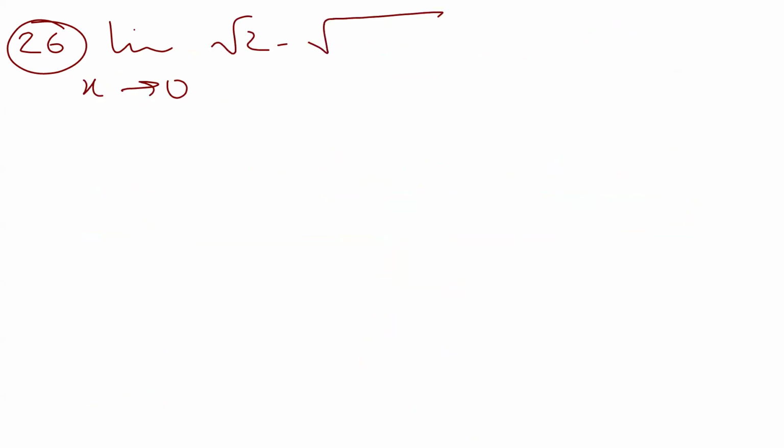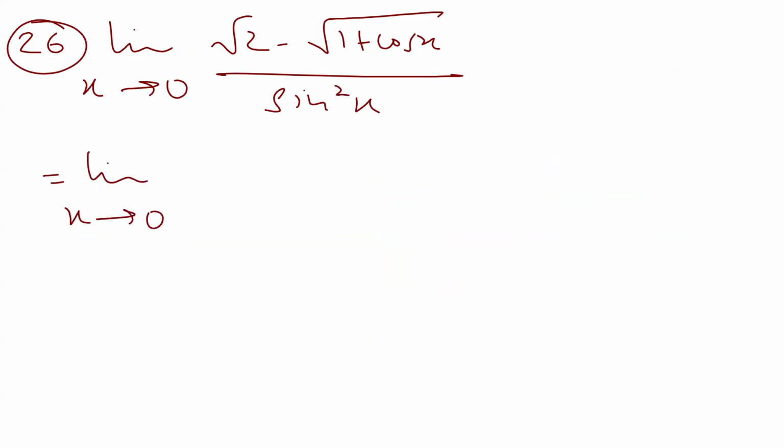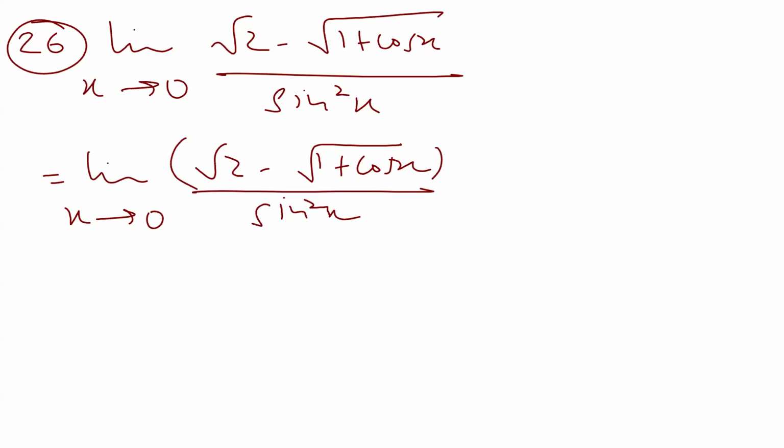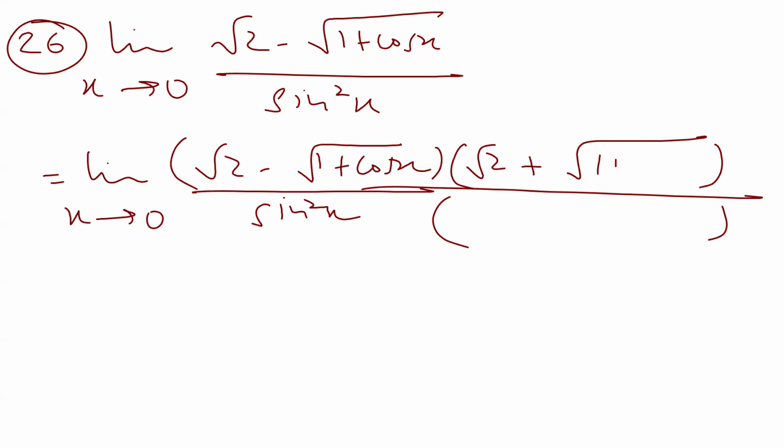Question number 26. Limit x approaching 0, root 2 minus root of 1 plus cos x, over sin square x, limit x approaching 0. So root minus root is there, so I'm going to rationalize that.